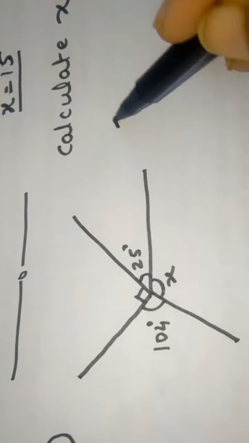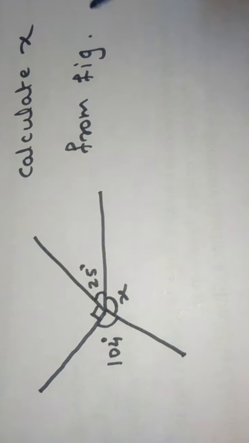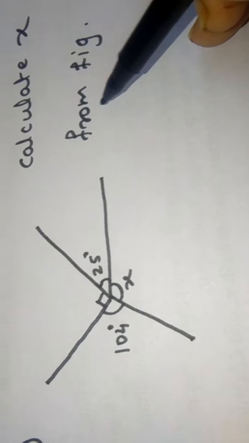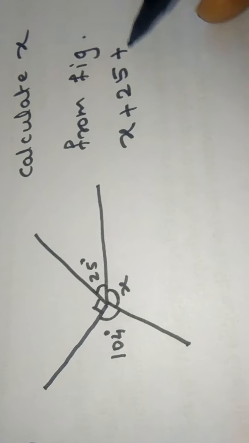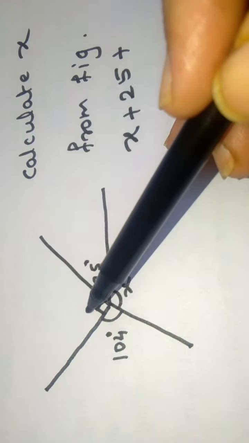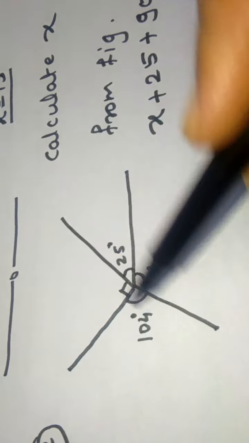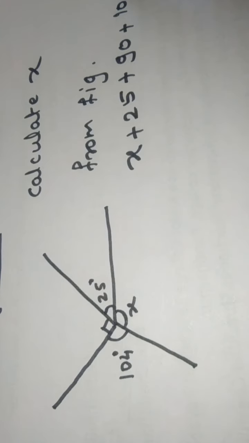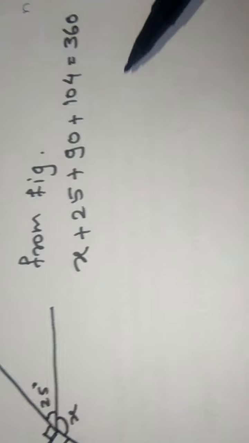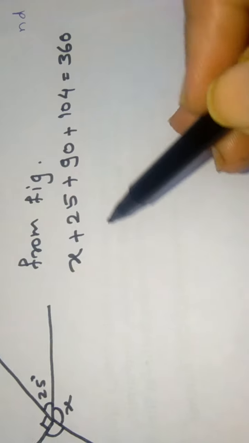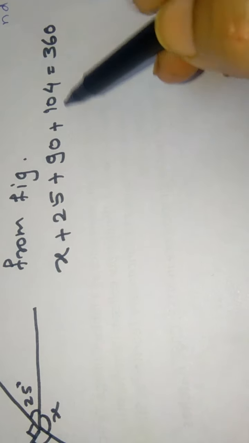That is, from the figure we know that x plus 25 plus measure of this angle is 90 plus measure of this angle is 104 is equal to 360. Sum of all is 360. x plus 25 plus 90 plus 104.